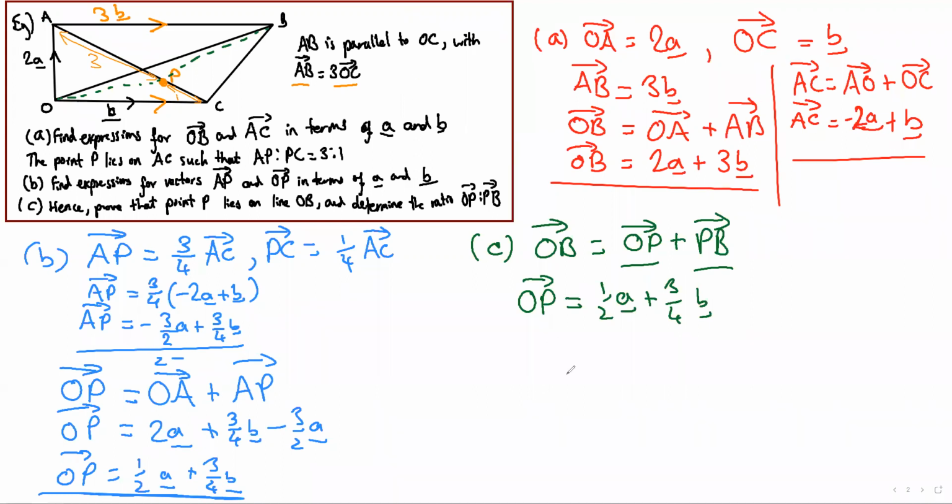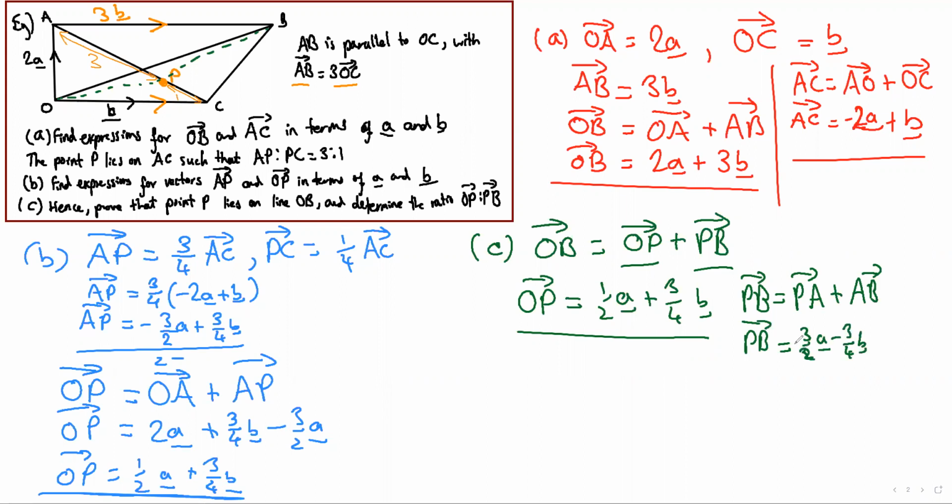So the negative of that, so let's write PB as PA plus AB. So PA will be the negative of this, so it'll be 3/2A minus 3/4B.